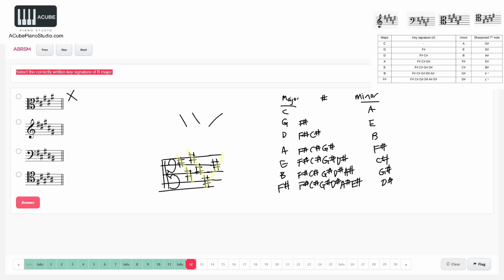Okay? So we usually use the pattern to quickly eliminate anything that is not correct. Okay, then this one is up, up. So this one is out. Okay, so one look at it, the tenor clef one is also wrong.